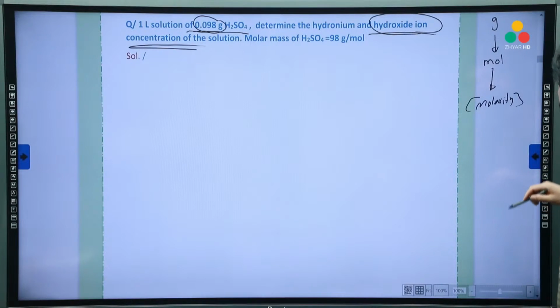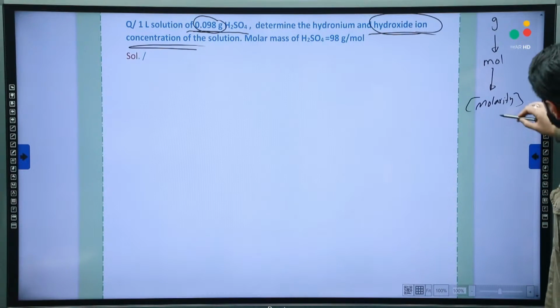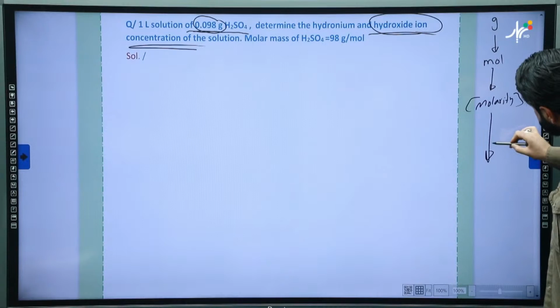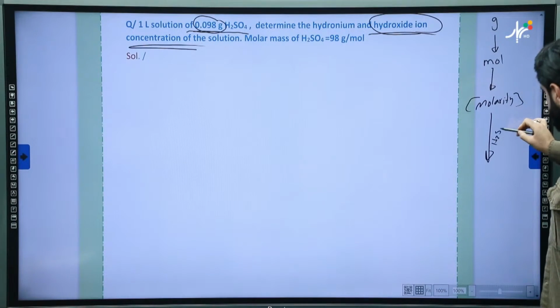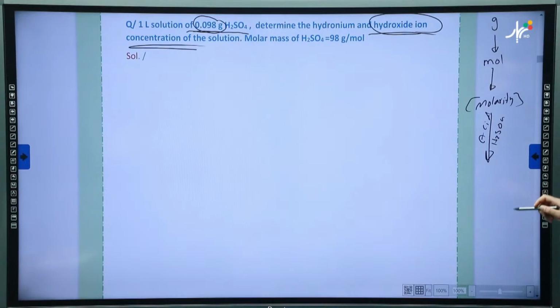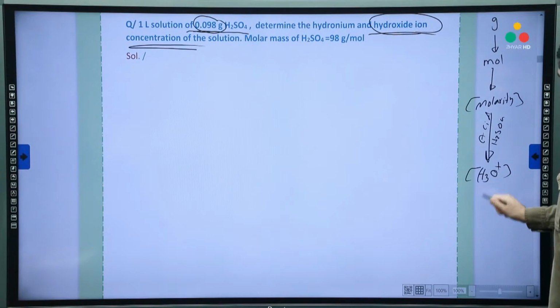And because H2SO4 is an acid, there's no choice, you have to calculate H3O.